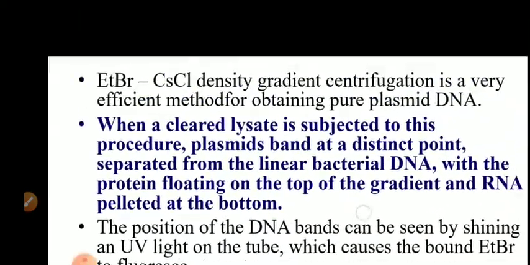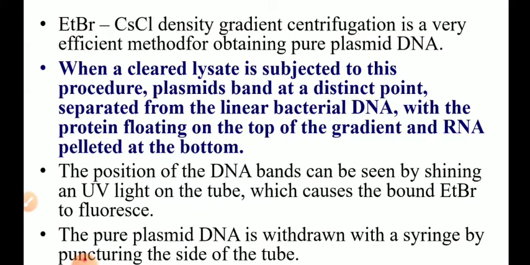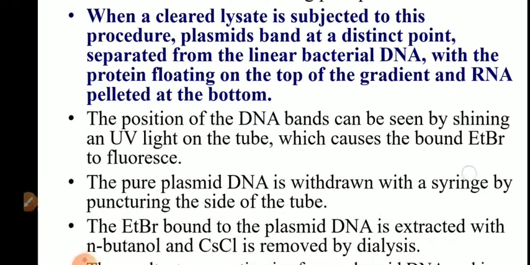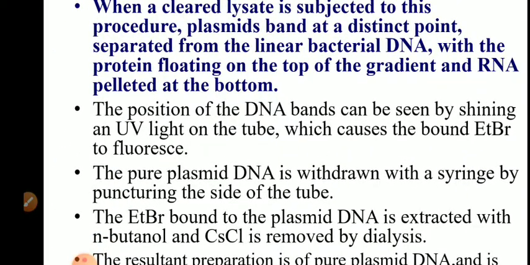Okay. Now, ethidium bromide cesium chloride density gradient centrifugation is a very efficient method for separating pure plasmid DNA. What happens when a cleared lysate containing DNA, RNA and protein is subjected to ethidium bromide cesium chloride density gradient centrifugation?